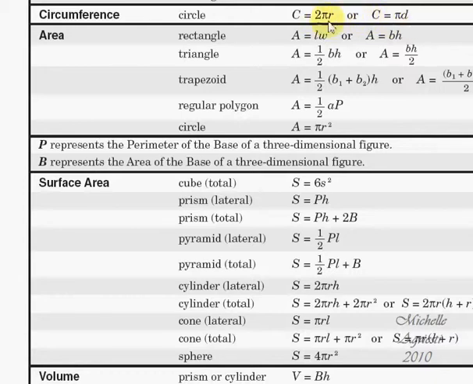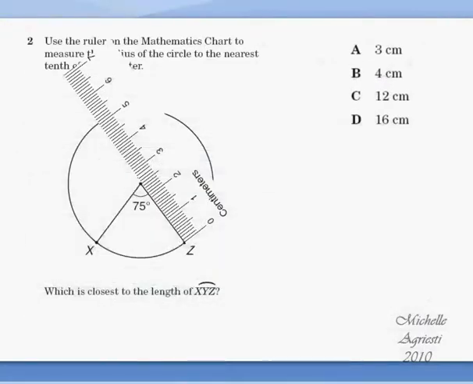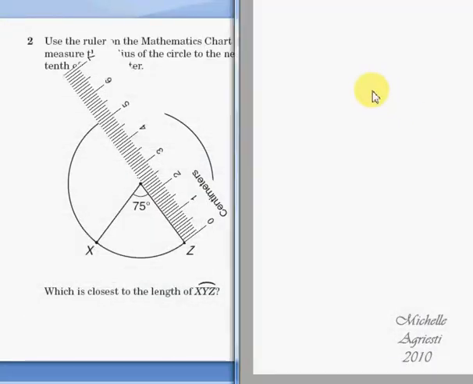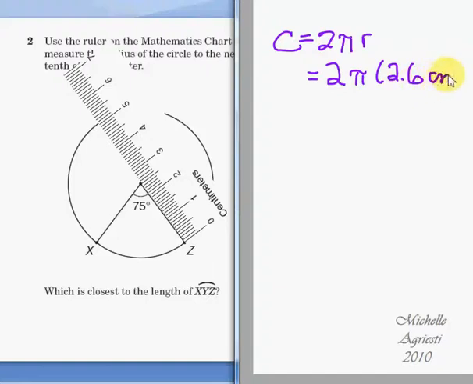So since we have our radius, we'll just use 2 pi r. Circumference equals 2 pi r, and our radius we know. So 2 is a number, pi is a number, and our radius is 2.6 centimeters.